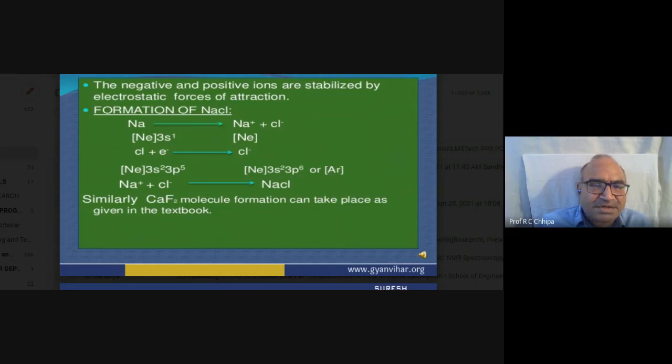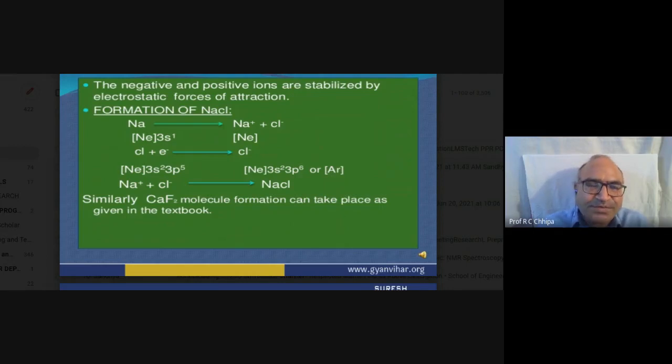Na, sodium, natrium, changes into the sodium cation, and chlorine changes into the chloride anion, and both interact with each other to form sodium chloride.